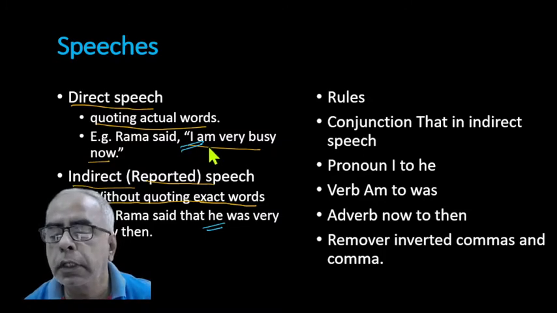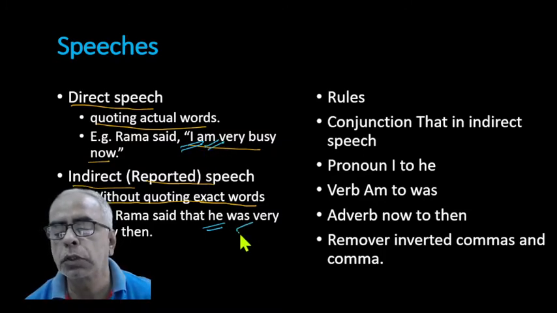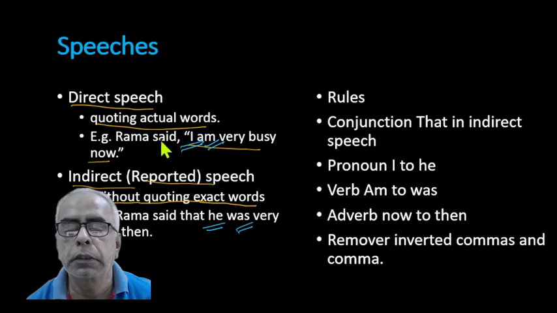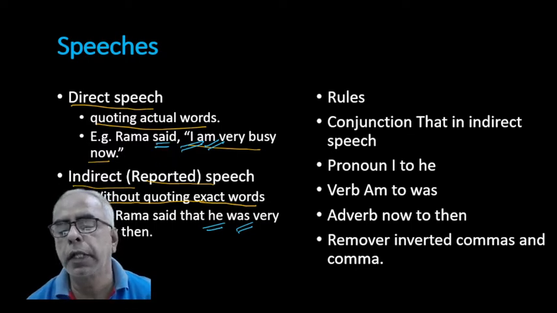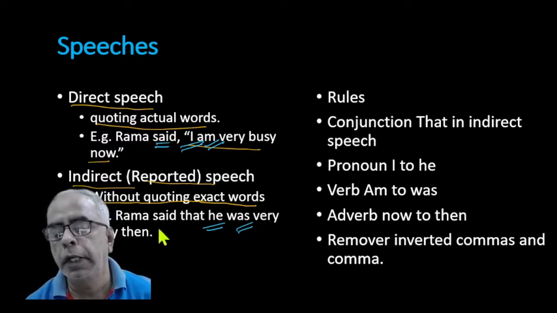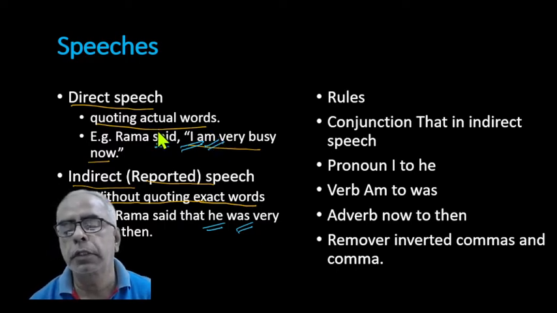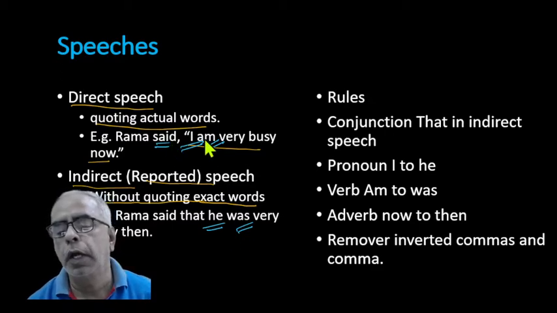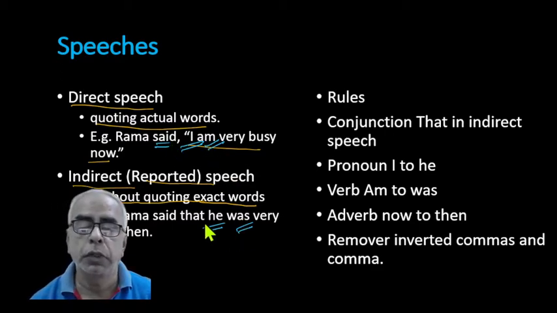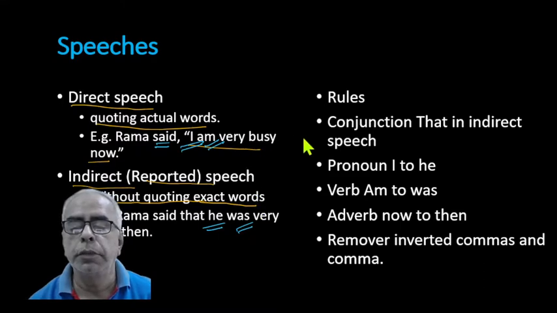And similarly, am becomes was. Why? Because the reporting verb said is in the past, so in the indirect speech, am becomes the past tense was. So he was very busy, and now becomes then.